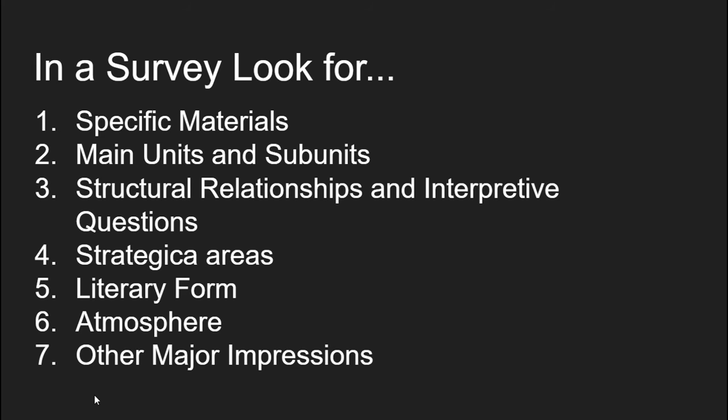But we might be looking at strategic areas, like what part of the Bible is very important. He does get into literary form a little bit, about how the different books of the Bible are structured. That's kind of what we want to look at, different things to help augment our experience.